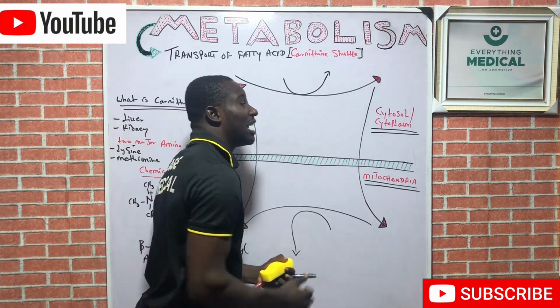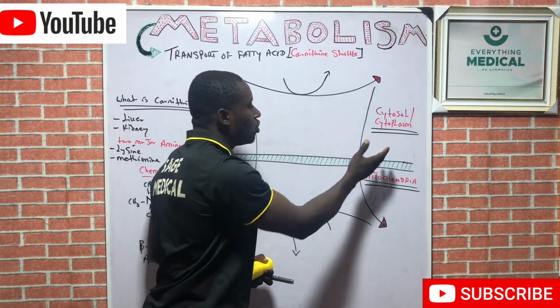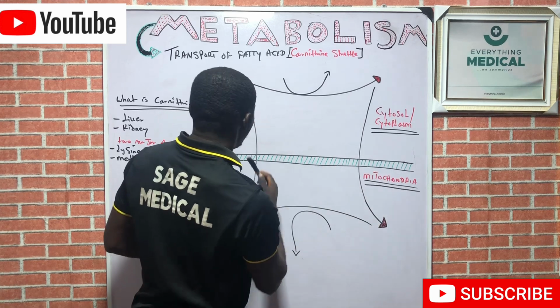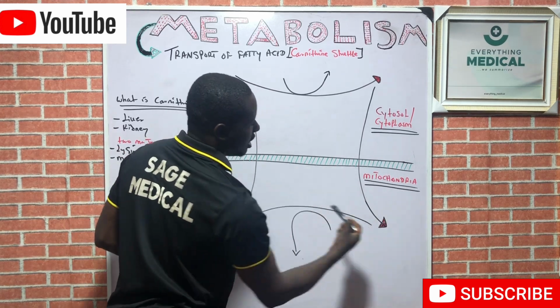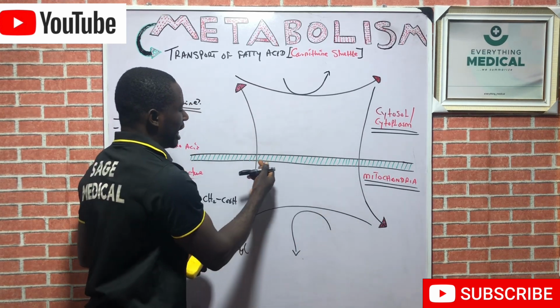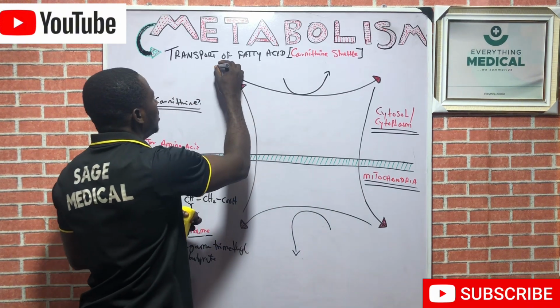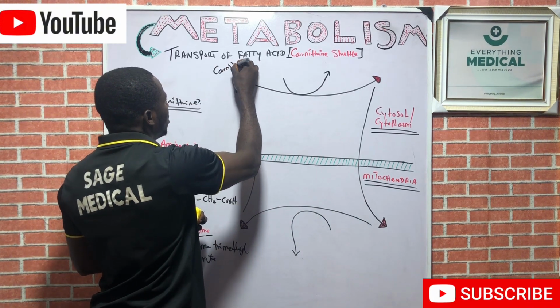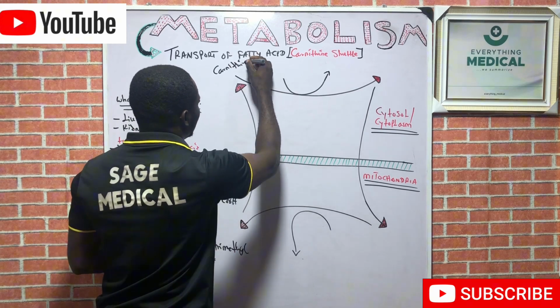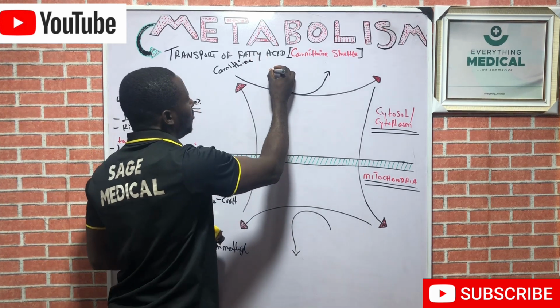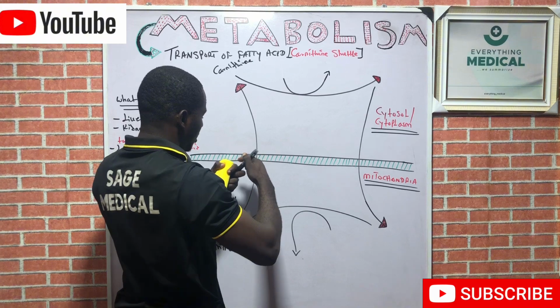As you can see on my diagram on the board, here is the cytosol, while here is the mitochondria. Look at the mitochondrial membrane. Now let's go. We have the carnitine. Here we have acyl CoA.